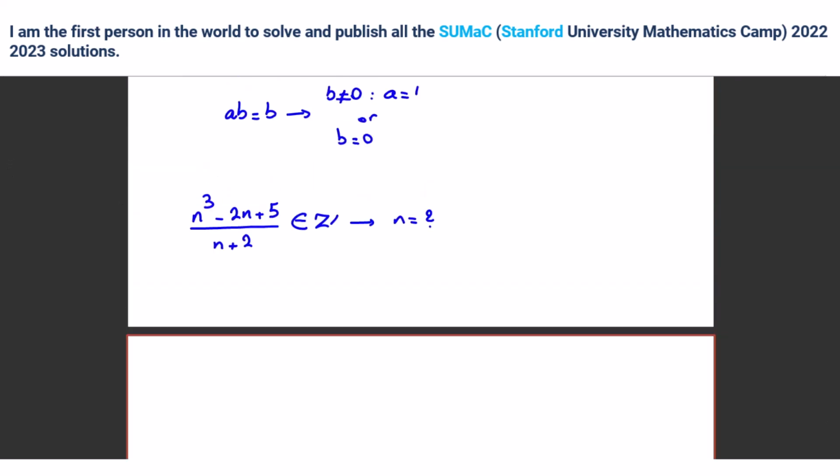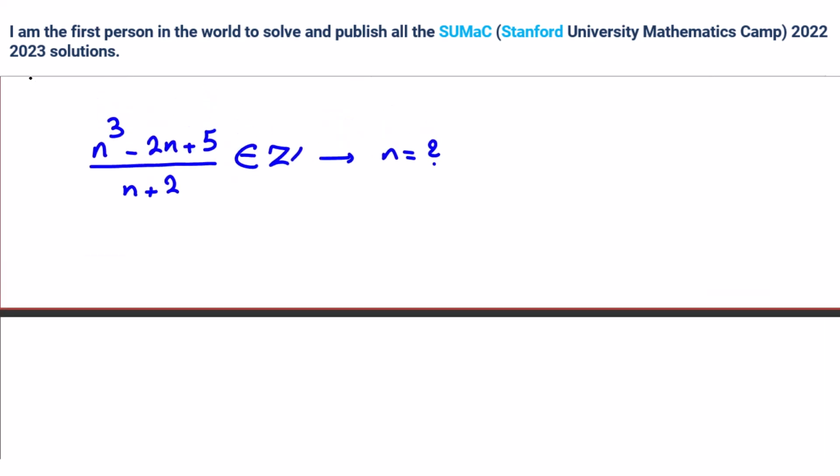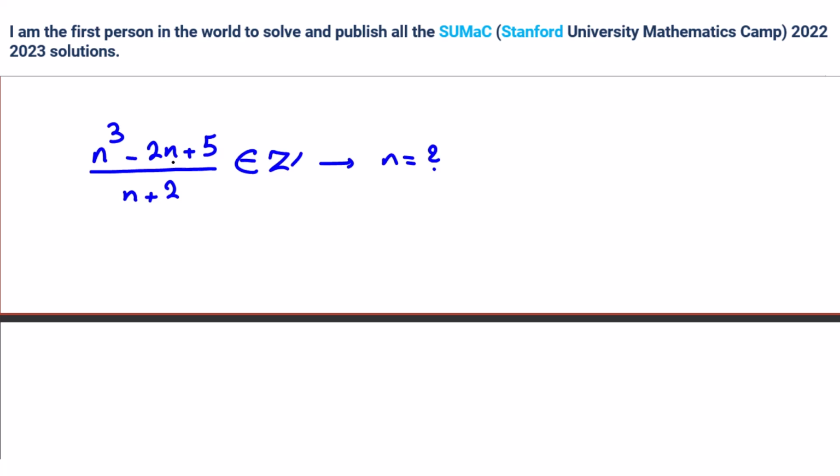Try this one. I think there's no answer because when I divided this by n plus 2, I got remainder 1. Yes, but for which n? You use long division. Yeah, the remainder is 1.